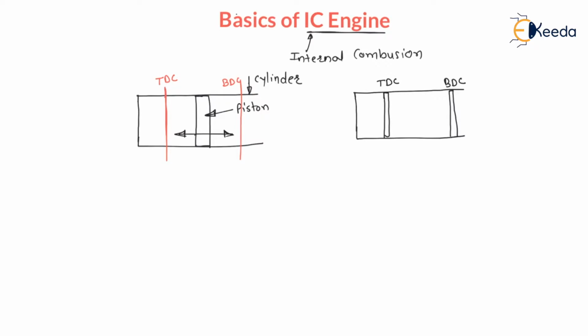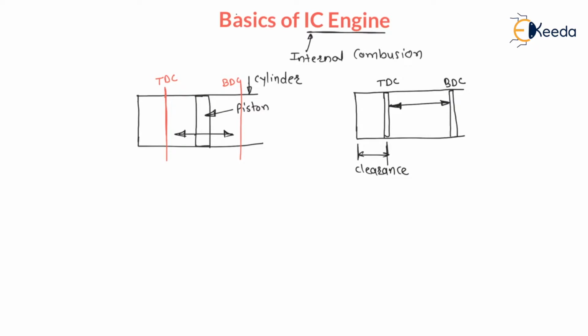Between them the piston is reciprocating, that is to and fro motion, and there is always clearance provided. Here this space is called clearance in case of IC engine, right?